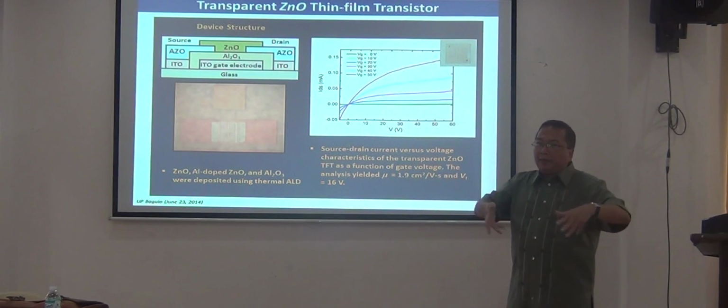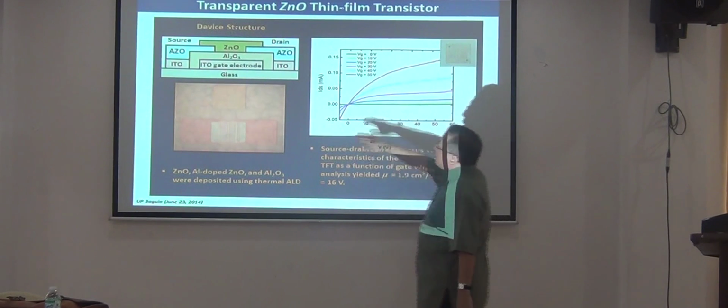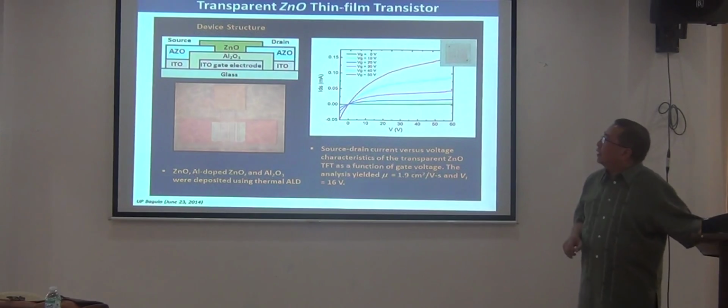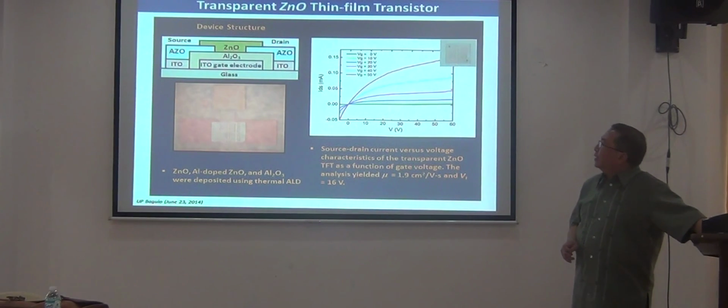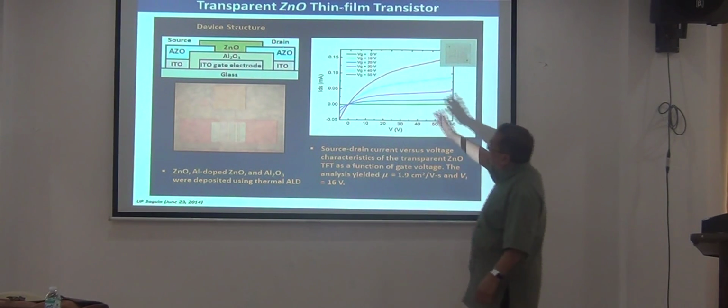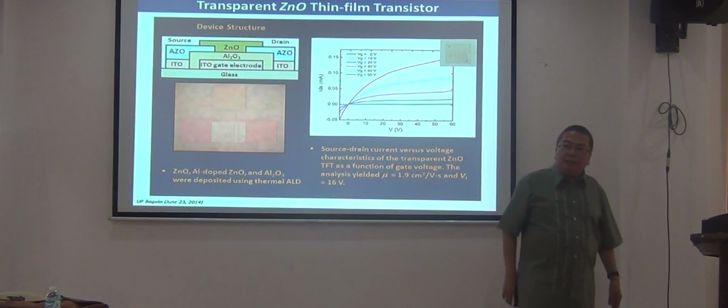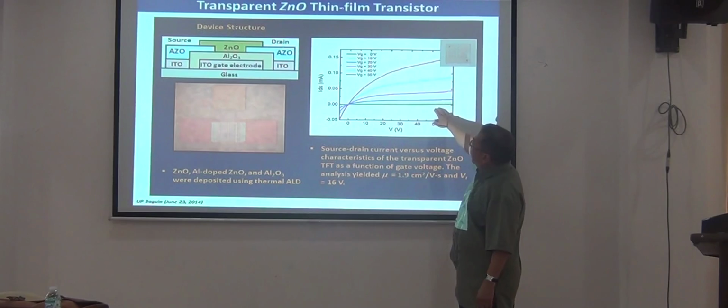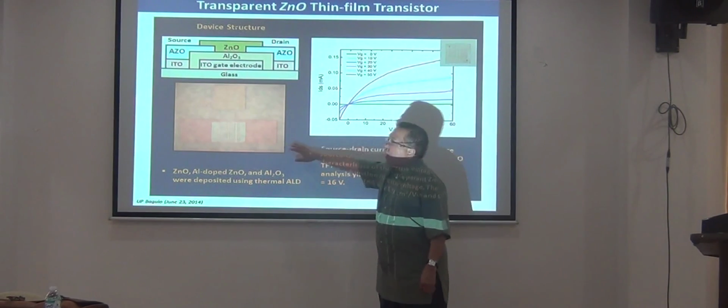And then you pattern that, and then you put the zinc oxide, which serves as the channel, the conducting channel for this device. And as you can see, it works just like what you would expect. Field tunable, gate tunable transistor, and it's transparent.